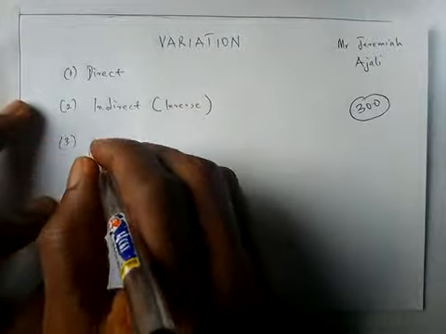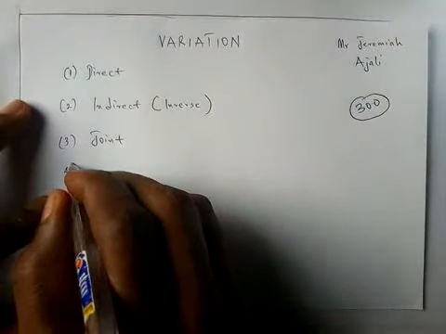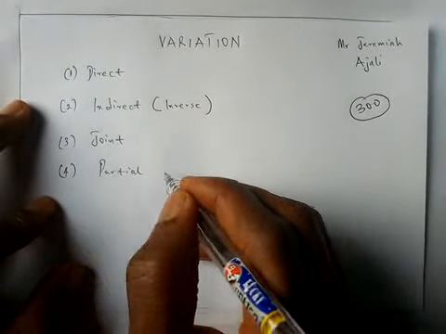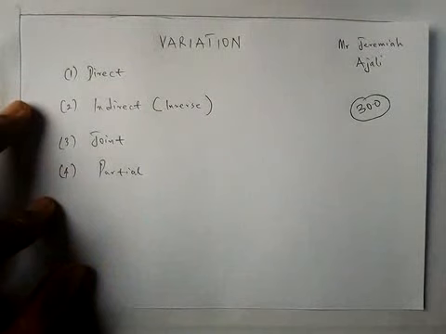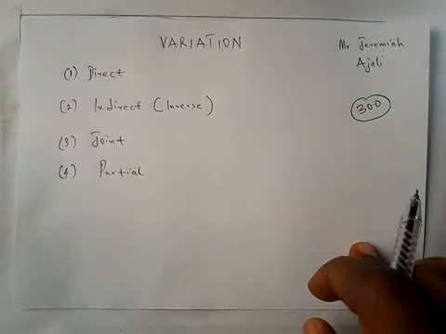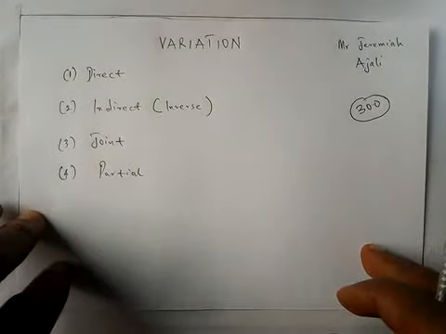Then we have joint variation, and the fourth is partial variation. If you know these four types of variation, you can solve any variation equation. So let's take the first, direct variation.